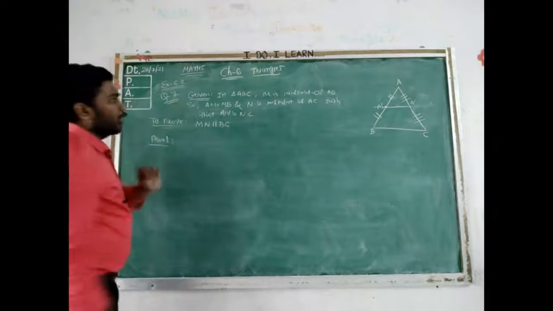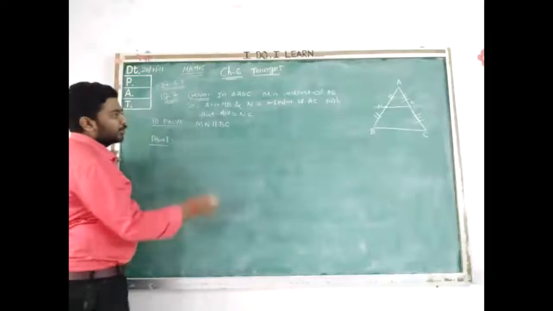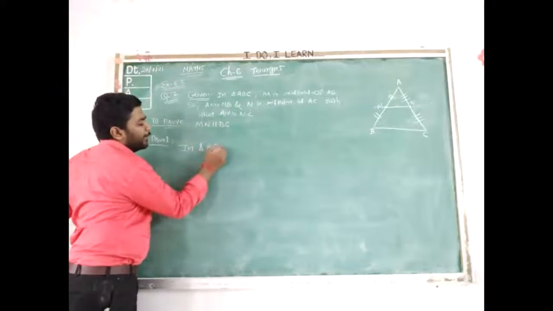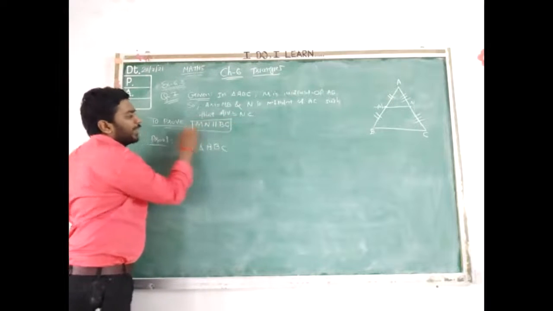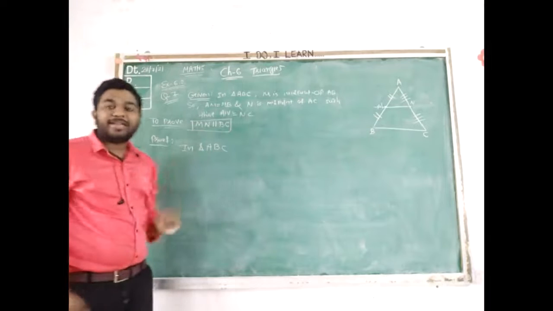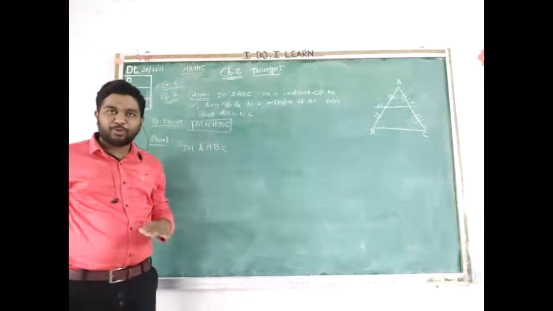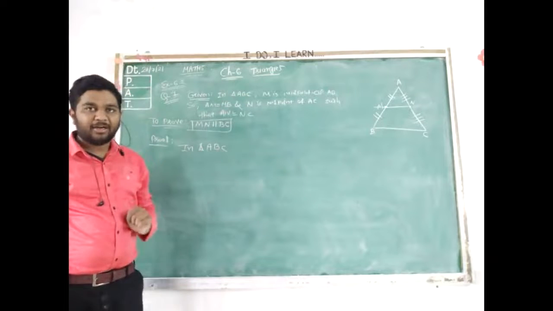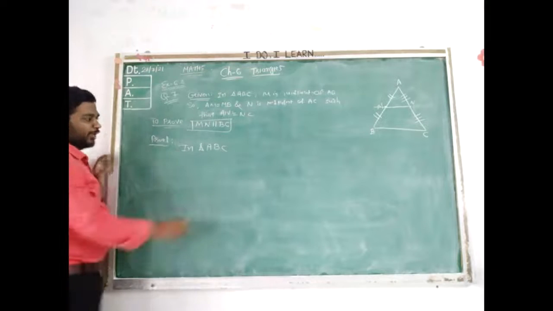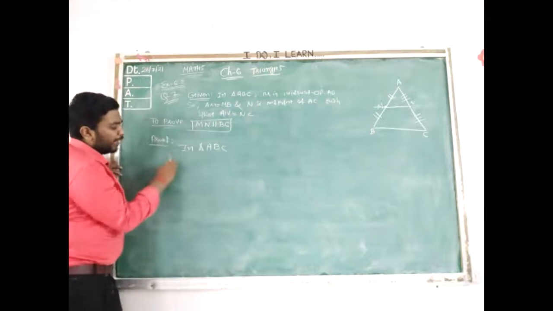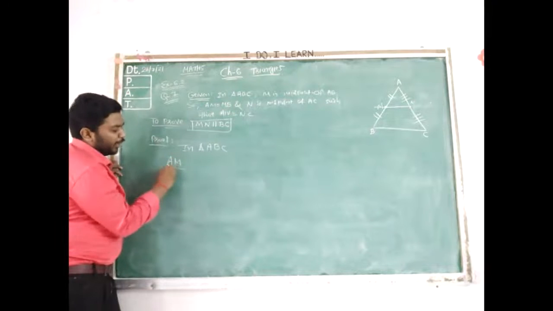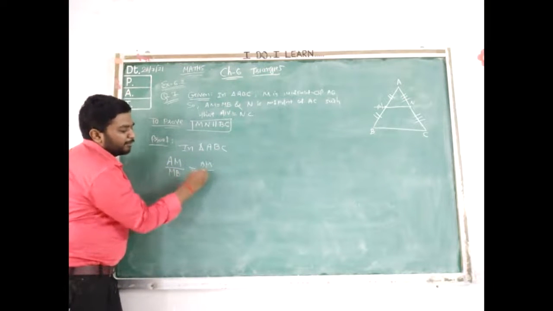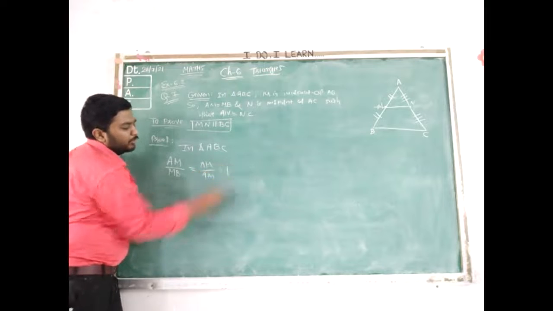Okay, so now if we are talking about triangle ABC, whenever we have to prove that two sides are parallel, we are using theorem 6.2, that if the ratio is equal, then the two sides would be parallel. So in triangle ABC, if I want to write AM upon MB, then I can write it as AM upon AM, which is equal to 1.